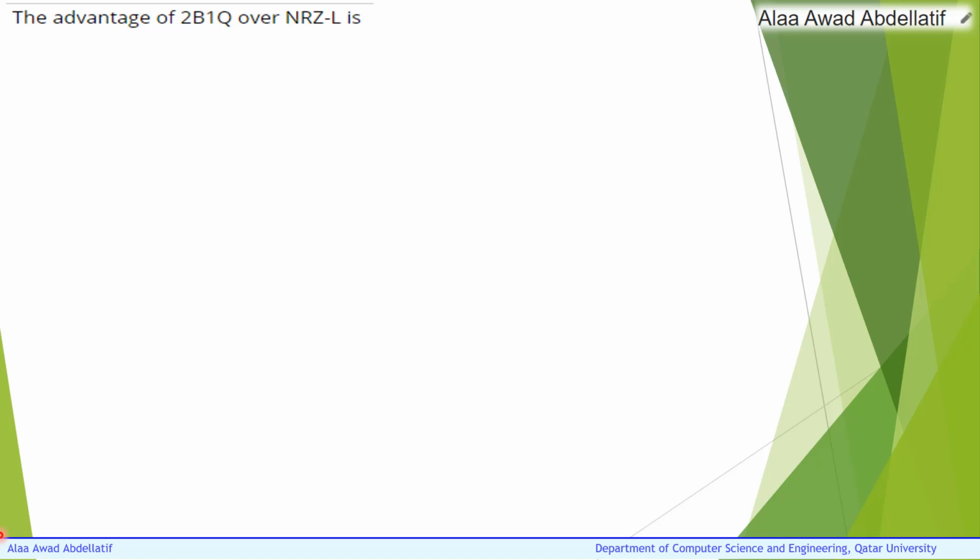And for 2B1Q, what's the value of R? What is 2B1Q actually? Multilevel encoding. From the name, 2B means two binary bits in one signal element. So R equals 2.